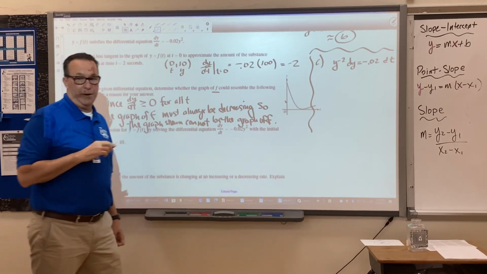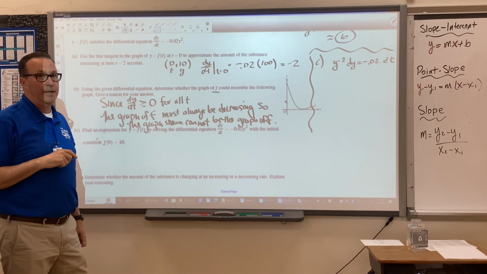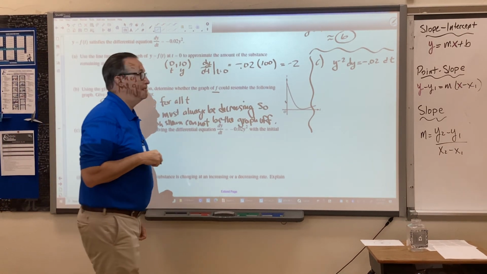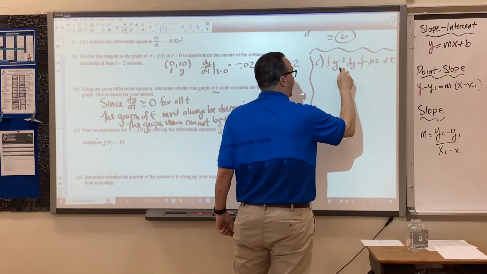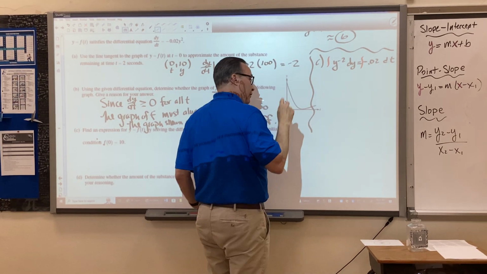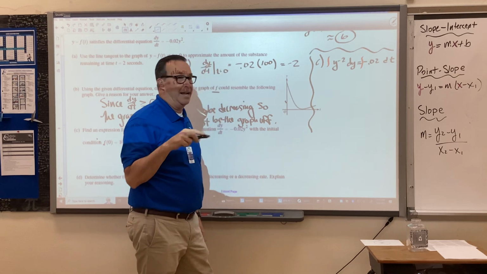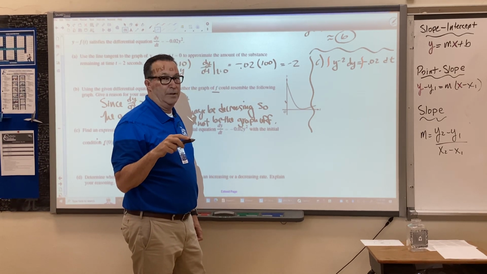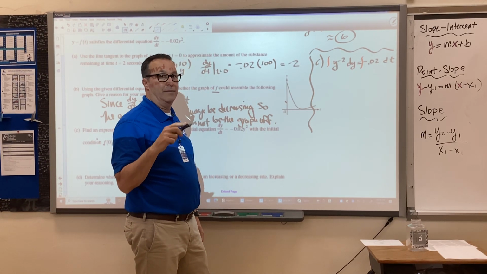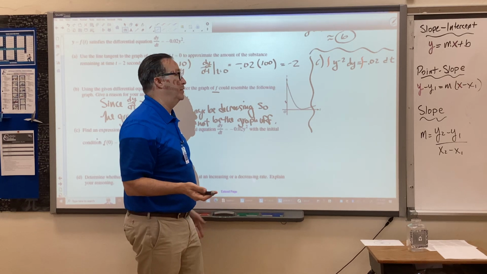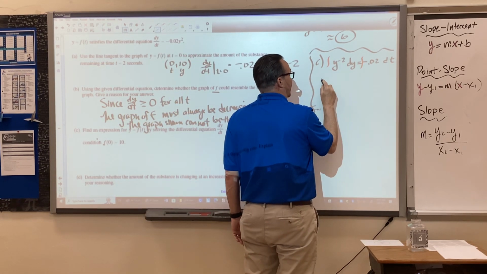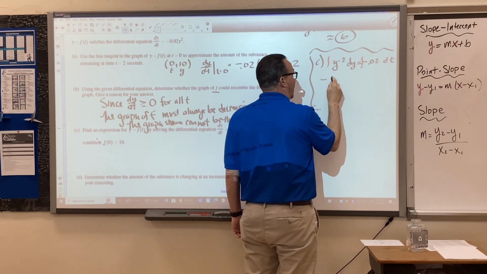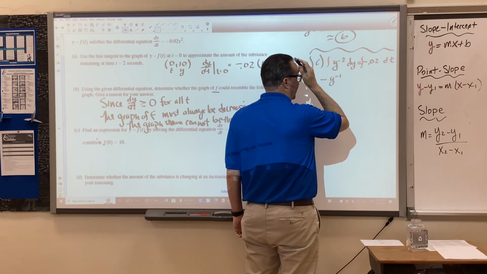That's separating the variables correctly. Okay? Integrate both sides. Be careful. The integral of 1 over y squared is not natural log of y squared. You add 1 to the power and divide by the new power. You add 1 to negative 2 and divide by negative 2, you just get negative 1 over y, or negative y to the negative 1.